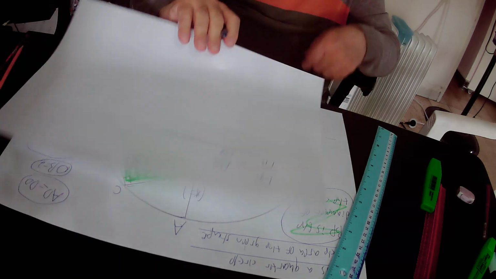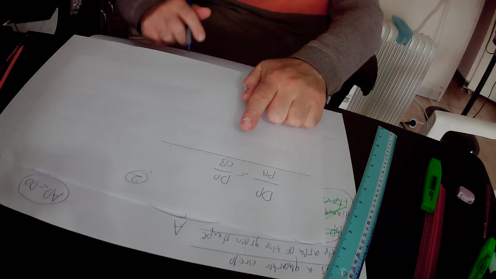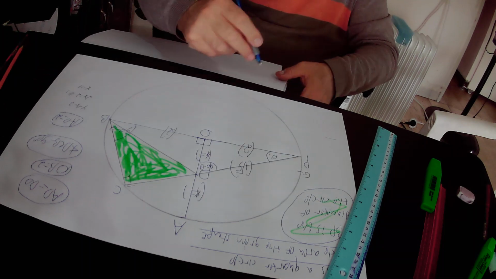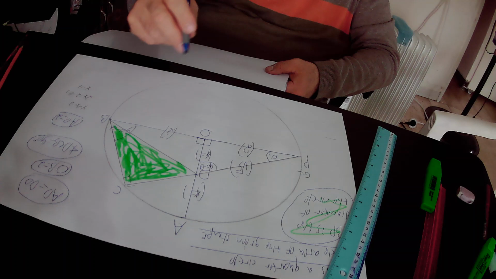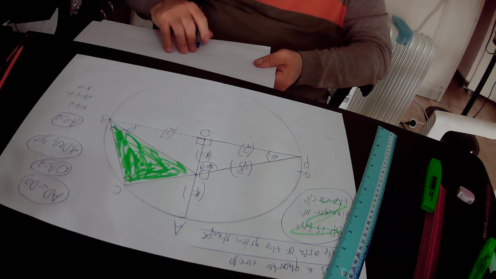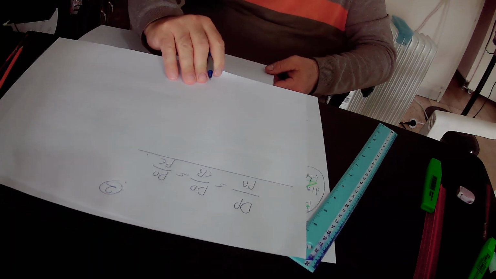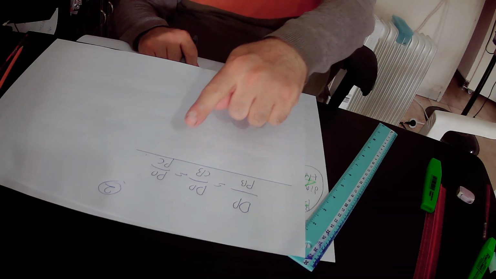And it is also equal to side PO in the small triangle PDO over side PC in the big triangle PBC. So we found out that DP over PB equals DO over CB equals PO over PC.